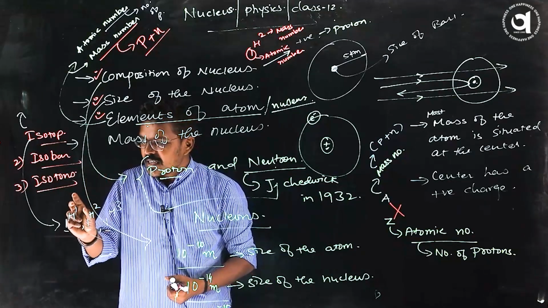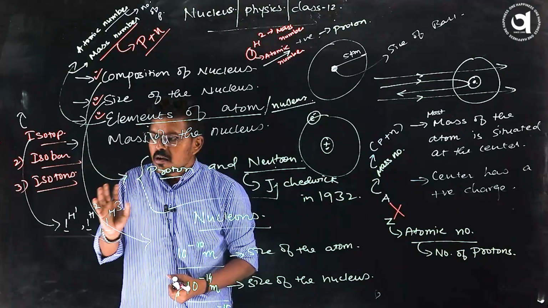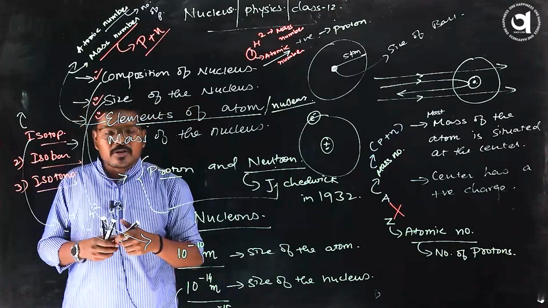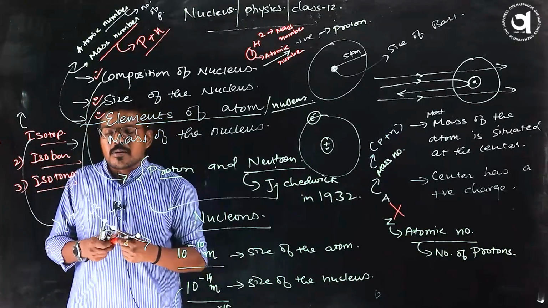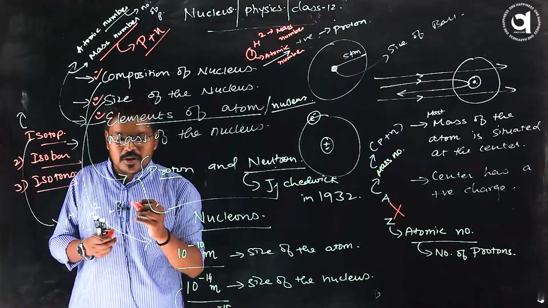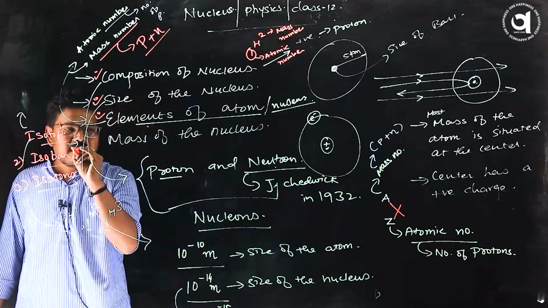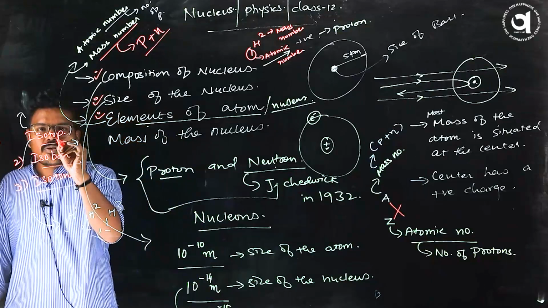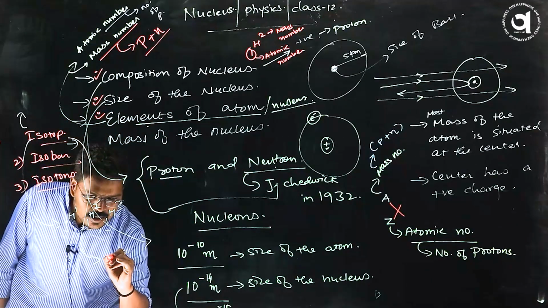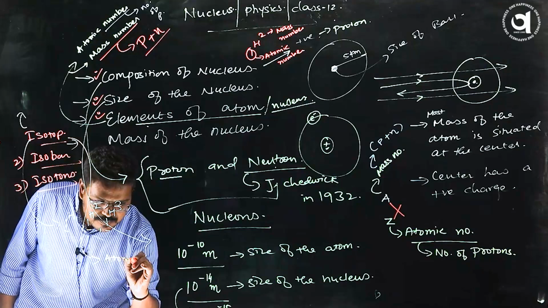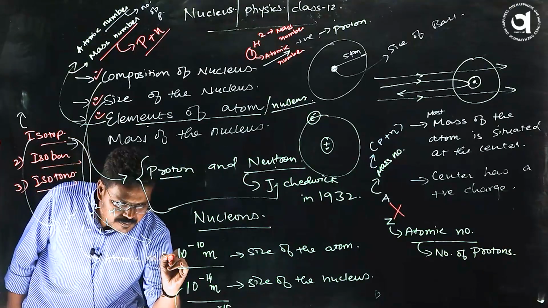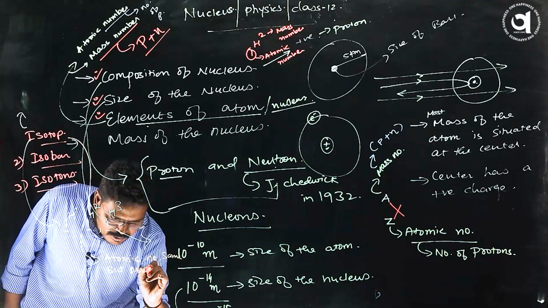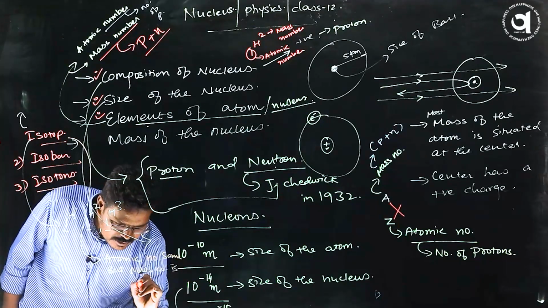But you can see the mass number is different. So isotopes have the same proton number but different mass number. Atomic number is same but mass number is different.